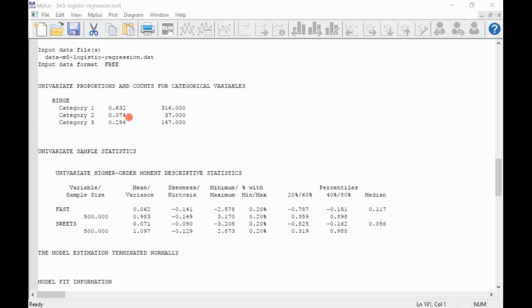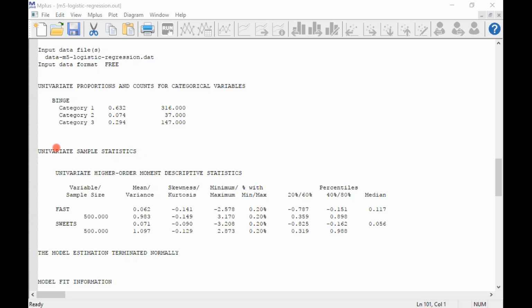In the second category, which meant sometimes or infrequently, you had 7.4% of the sample, and therefore 37 people. Finally, in the category of frequently or often binge eating, we had 29.4% of the sample, comprising 147 people.